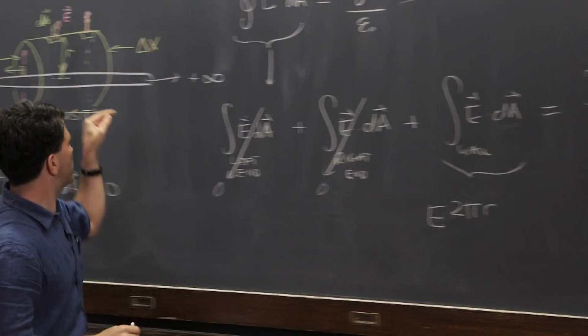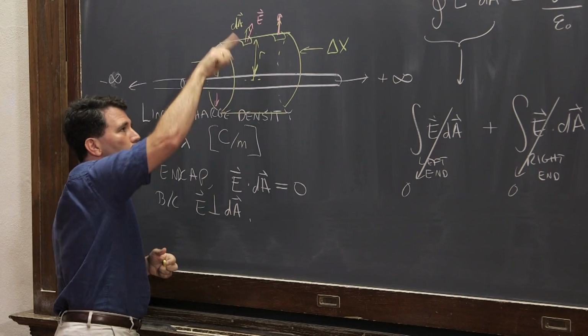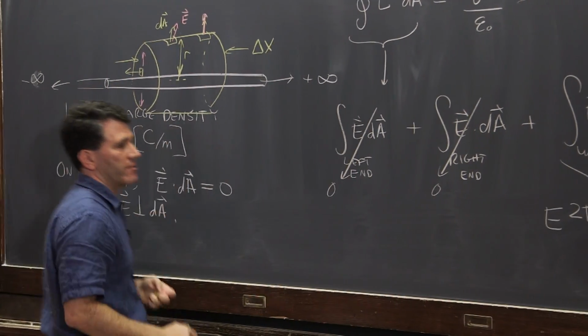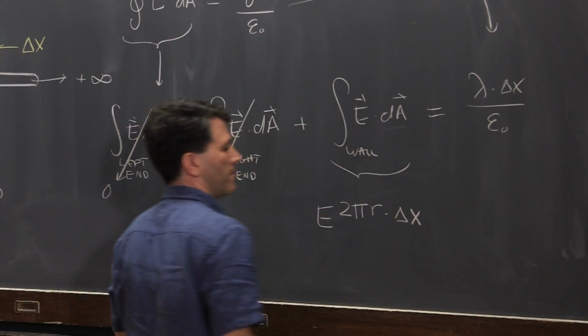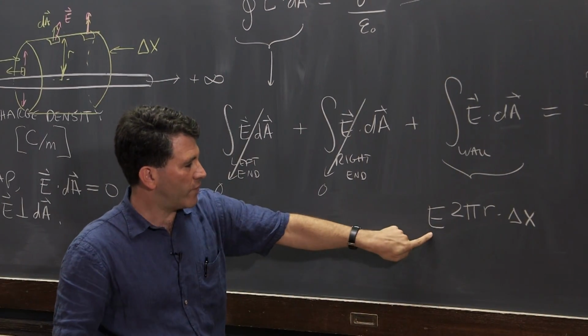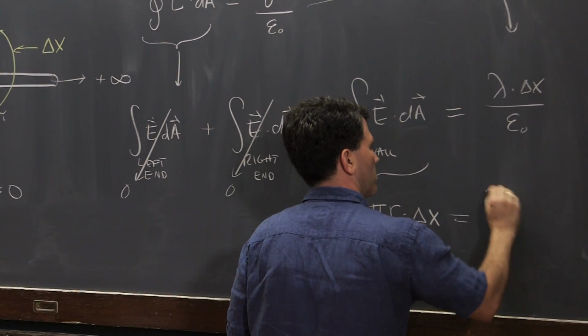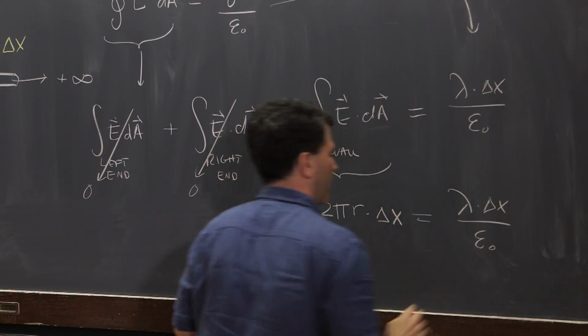That is our distance away from the axis. That's the circumference of one hoop, if you will. And then the surface area is that circumference times the length, so we're going to have a delta x. So electric field times 2 pi r times delta x has to equal lambda times delta x over epsilon naught.